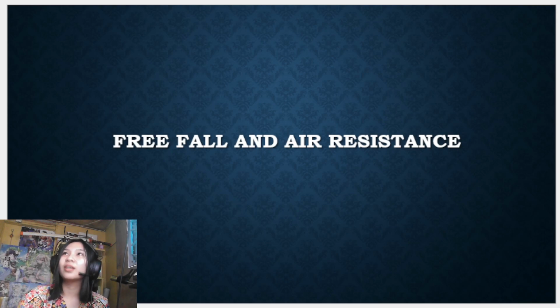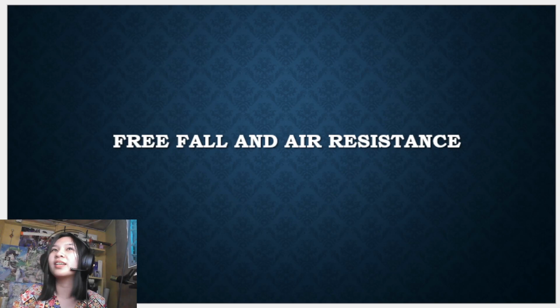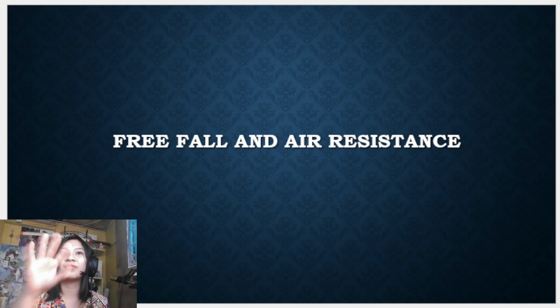But here on Earth, we have air, we have wind, no? We need air to live. That's why this scenario here in free fall and air resistance is what is happening on Earth, or to objects on Earth. There is air resistance. So in the previous topics of free fall, it was stated that all objects in free fall have the same acceleration. What acceleration?